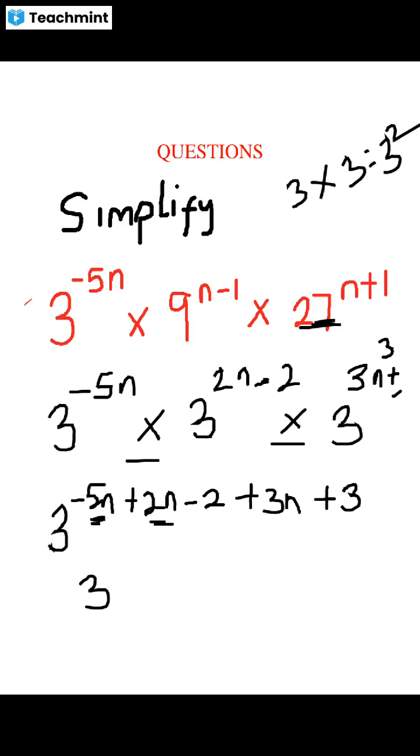Minus 5n plus 2n: you are owing 5 and you are having 2, so you are still owing 3. So minus 3n. Minus 3n plus 3n: you are owing 3 and you are paying 3, that's 0. So the n has cancelled out of the equation. You are now left with minus 2 plus 3: you are owing 2 and you have 3. That is 3 to power 1, so the answer is 3. It's as simple as that.